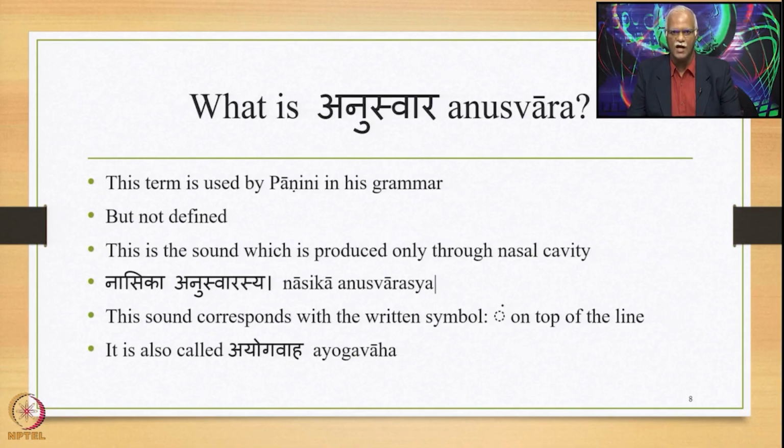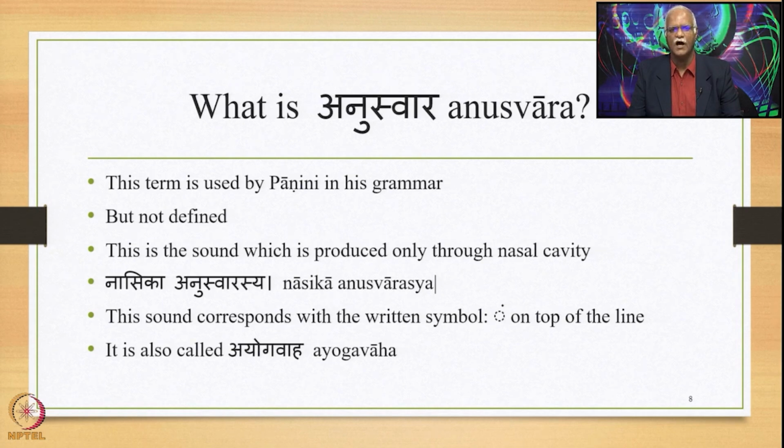However, the Paniniya Shiksha and the later Paninian grammatical tradition has described the feature of anuswara. So, anuswara is a sound which is produced only through nasal cavity. Nasika anuswarasya. So, this sound corresponds with the written symbol of a dot on top of the line. Anuswara is also described as one of the ayogavaha sounds.